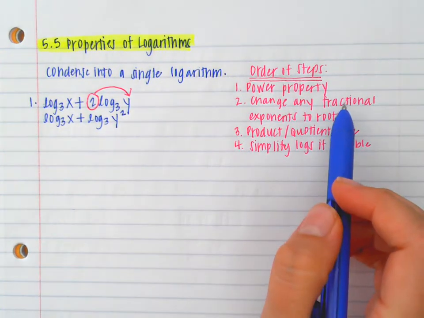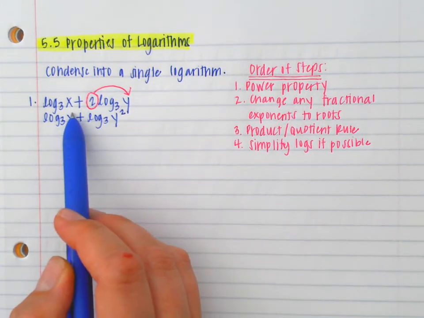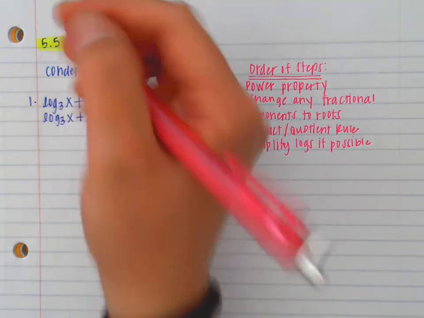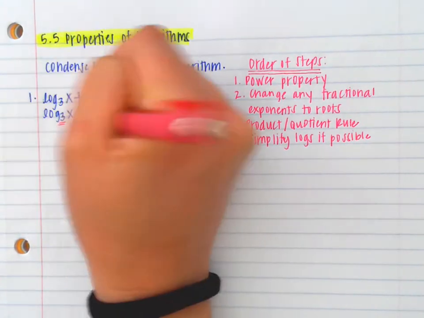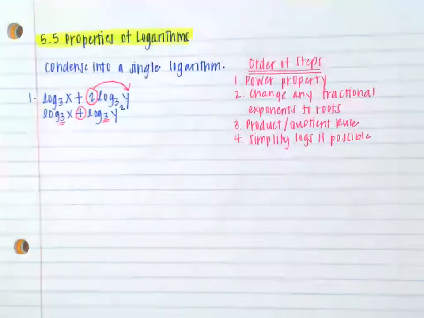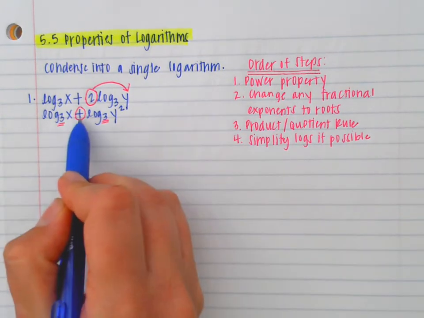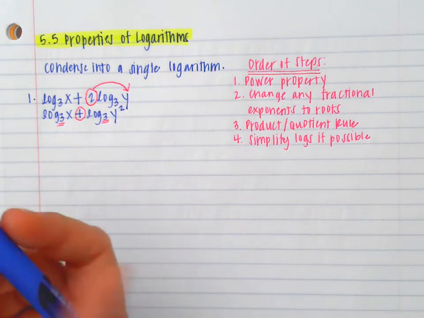We would then change any fractional exponents to roots. We don't have any. We have an exponent of 1, an exponent of 2, so we can't do that. Then we apply our product or quotient rule. These are adding. So we make sure, do they have a common base? They do. You won't have problems that don't. And so they're adding, so we combine them by using what?